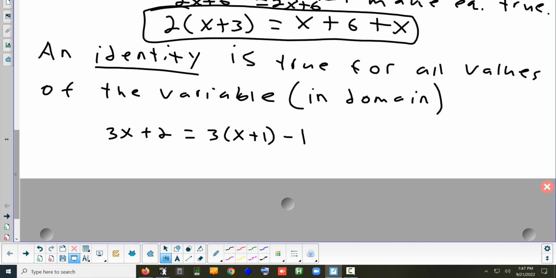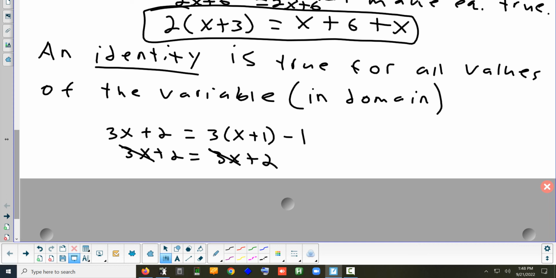Same thing would happen here. 3x plus 2 equals, it would be 3 minus 1 is 2. Subtract 3x from both sides, and you have 2 equals 2. 2 equals 2 is an identity, and an identity is true all the time.